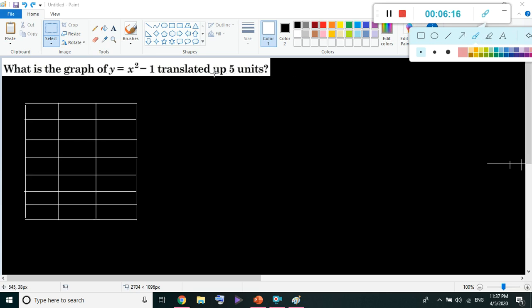Okay, let's now graph it together. Now, when we say translated up 5 units, it means, let's say y equals x squared minus 1, translated up 5 units, it means plus 5, right? So we're going to add here plus 5. So it's going to be y equals x squared minus 1 plus 5, which is plus 4.